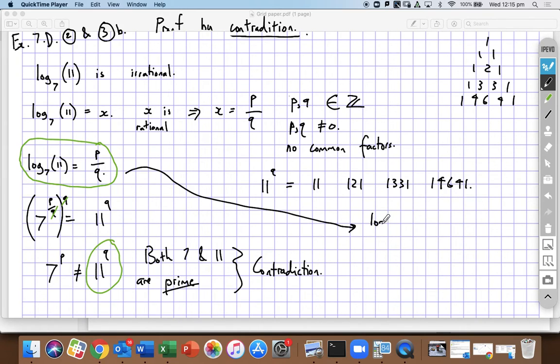When you've got a log in a certain base and the result is greater than that base, then the power would have to be greater than 1. So log in base 7 of 7 is 1, but we're bigger than 7 here. And so I could start thinking, therefore, P on Q has to be greater than 1, and therefore P has to be greater than Q.